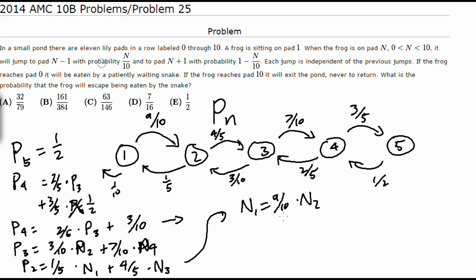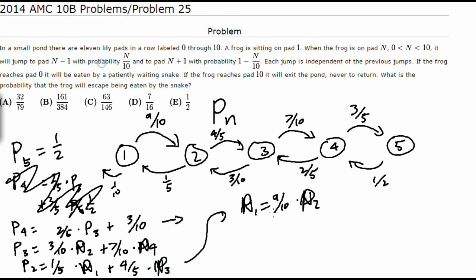Alright, so let's take a look at this. So we have 1, 2, 3, 4 equations. We have 4 equations, and we have 4 variables. So, what this tells you is we can find P1 through P4.